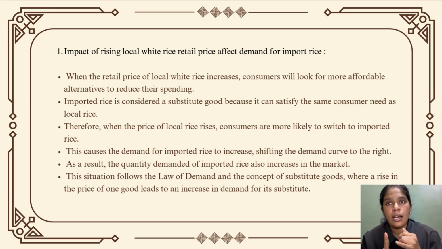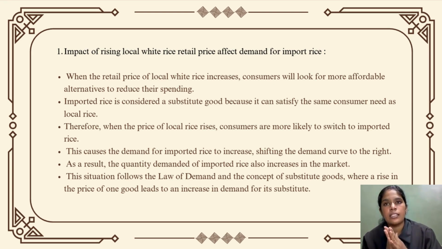Therefore, when the price of local rice rises, consumers are more likely to switch to imported rice. This causes the demand for imported rice to increase, shifting the demand curve to the right.